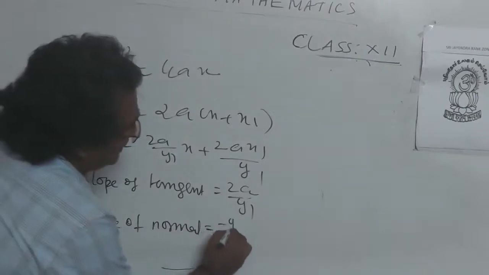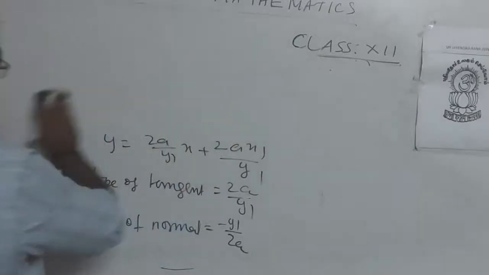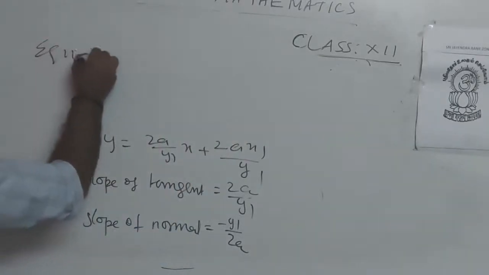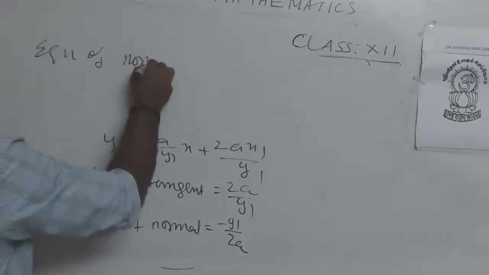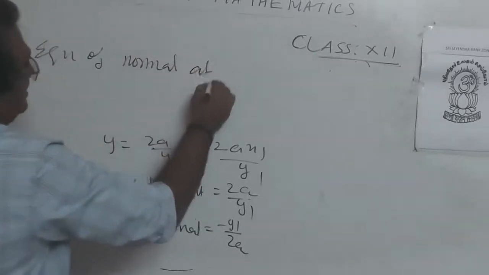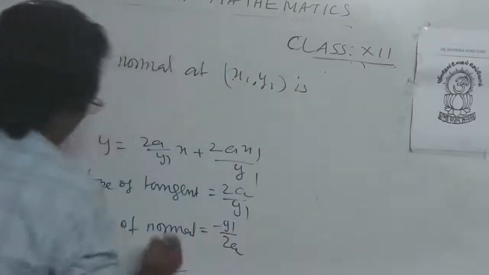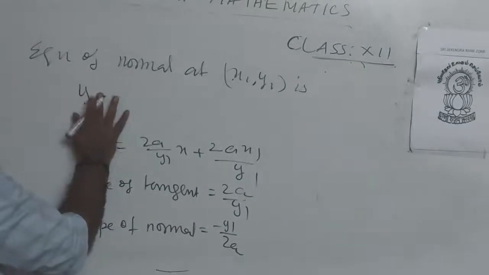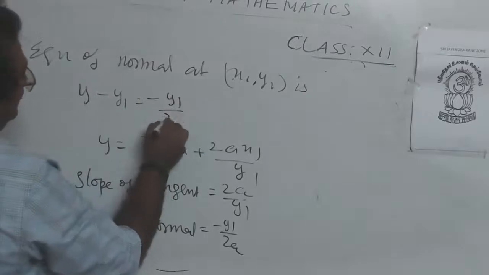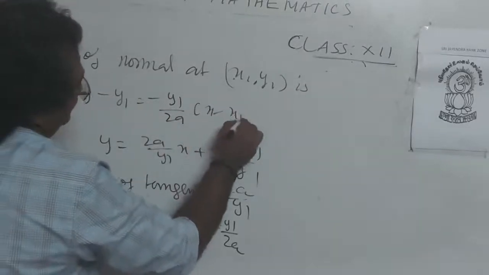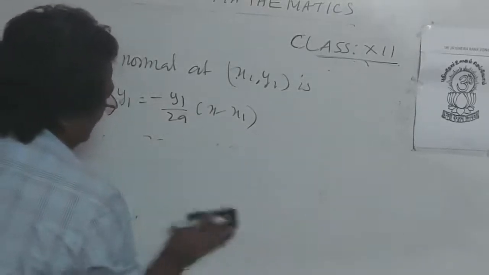Slope of normal is minus y1 by 2a. Equation of normal at (x1, y1) is y minus y1 equal to minus y1 by 2a into x minus x1.